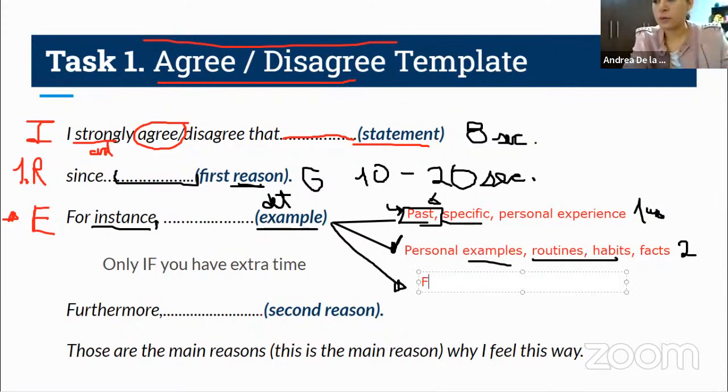So you can talk about research, you can talk about something that you read, something that you saw, facts, numbers, statistics, average. For example, you could say, for instance, I read in the BBC News that during the COVID-19 pandemic, students saved in total around 300 hours, university students, just by not commuting.